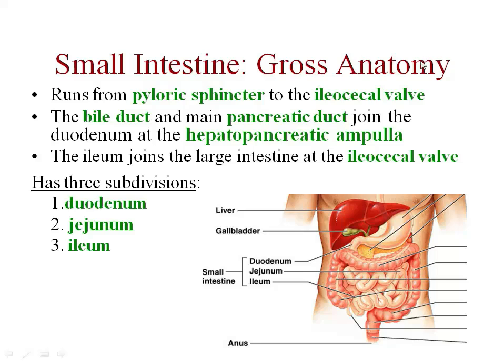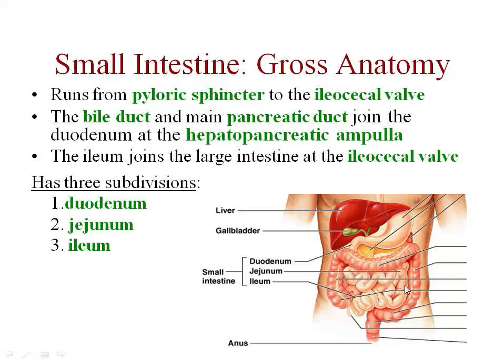So, the gross anatomy of the small intestine. Here you can see the pyloric sphincter, the bile duct, the pancreatic duct, the hepatopancreatic ampulla and the ileocecal valve. If you see this diagram carefully, we can trace all parts of the duodenum. After the pyloric sphincter of the stomach, the duodenum starts, and the intestine starts over here.